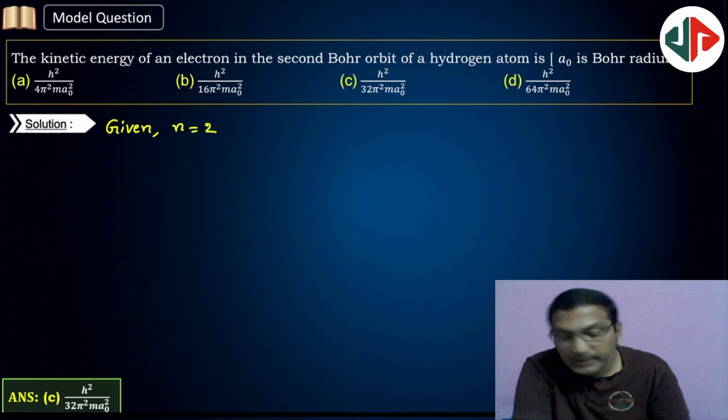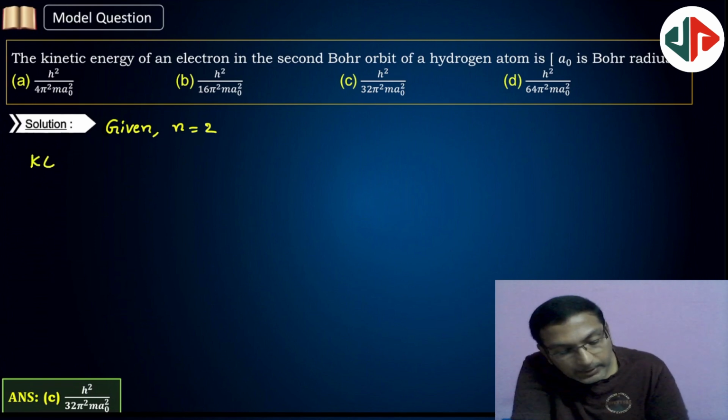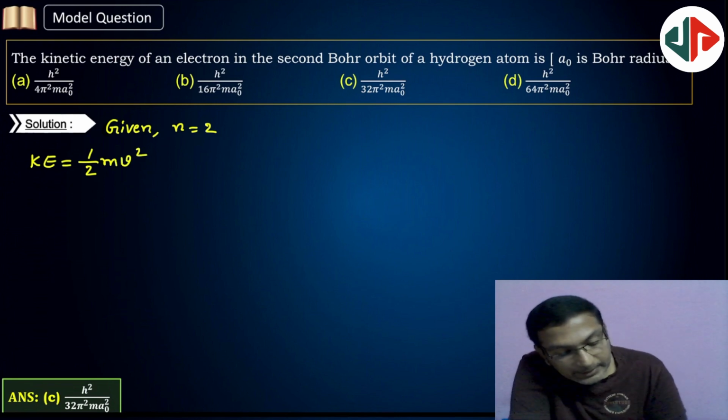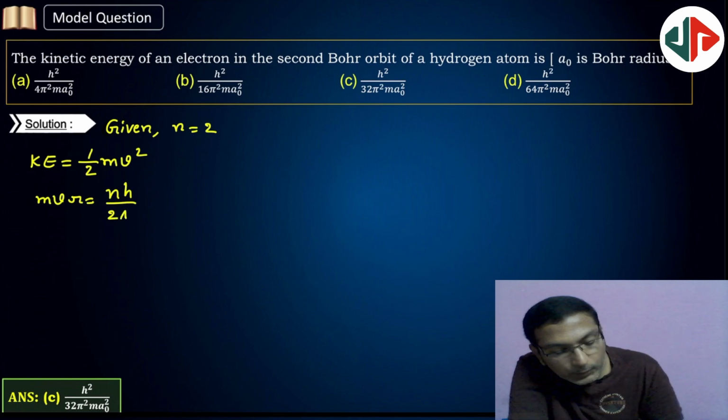So we know kinetic energy equal to half mv square. Next, from Bohr's postulate, we know angular momentum mvr is equal to nh by 2 pi. So from this I am taking the v value. V is nh by 2 pi mr.